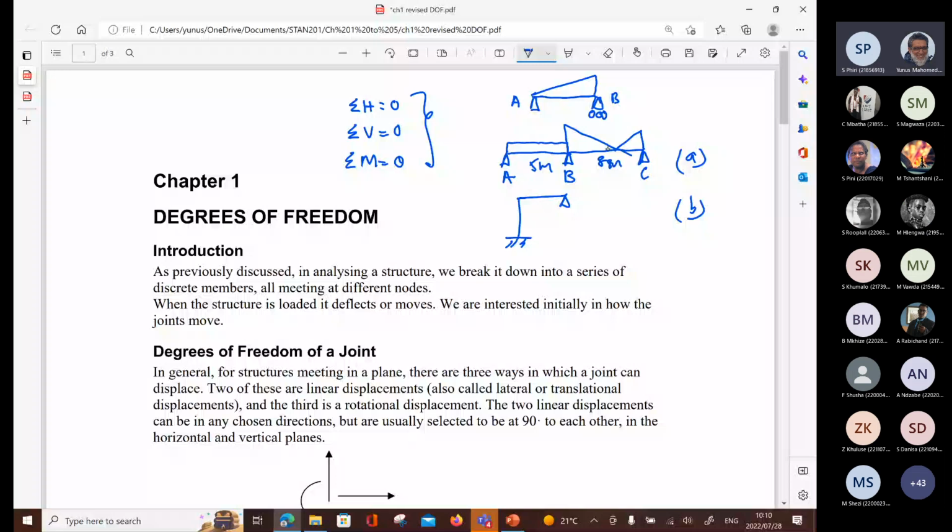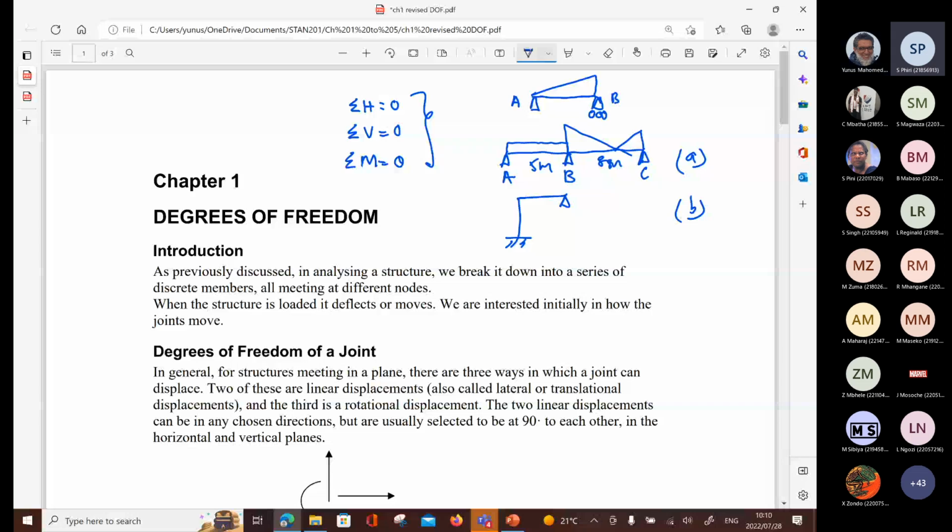Those reactions don't exist because the load is purely vertical. So we have the unknown reaction at A, the unknown reaction at B, and the unknown reaction at C. At a very fundamental level, we don't know the reactions. If I gave you, let's call this figure C, can you solve the problem?